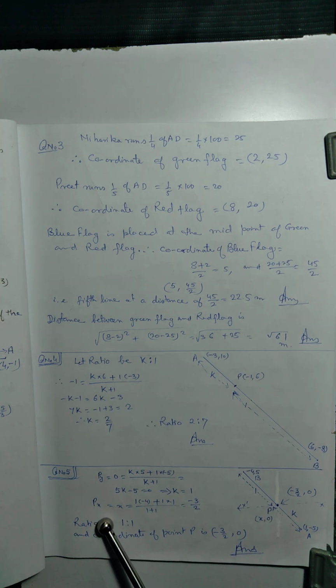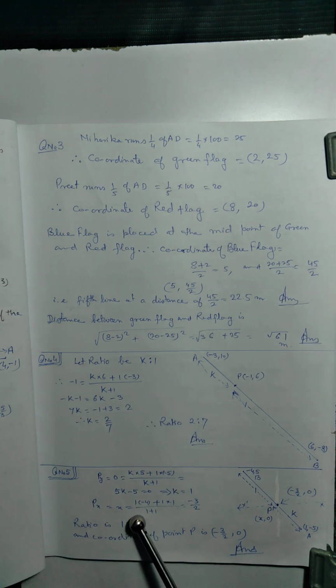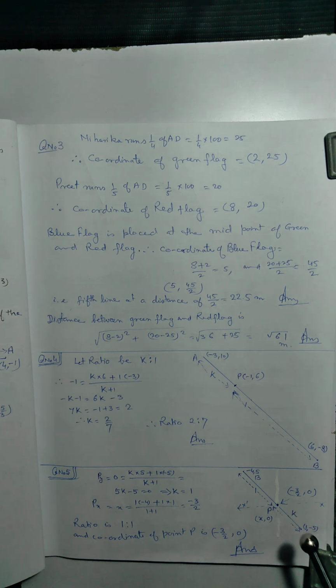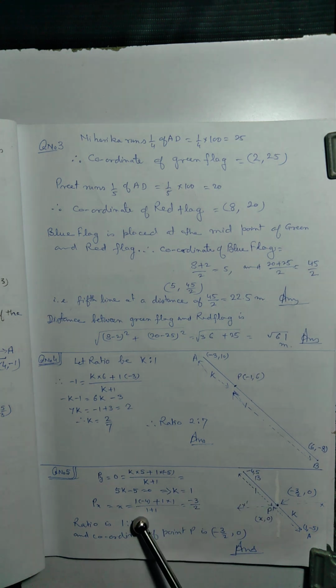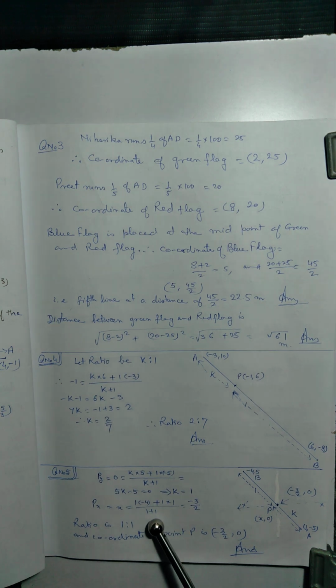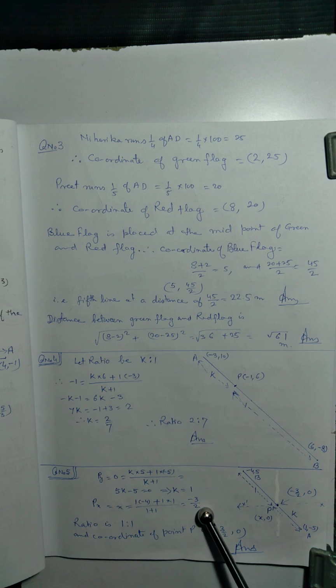Now we have to find out Px. So k into minus 4, where k is equal to 1 now, so 1 into minus 4 plus 1 into 1, whole divided by 1 plus 1, will be equal to minus 3 by 2.